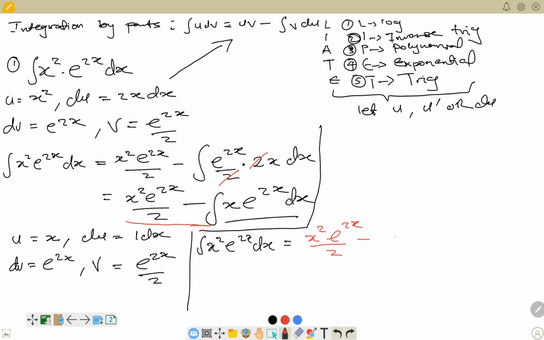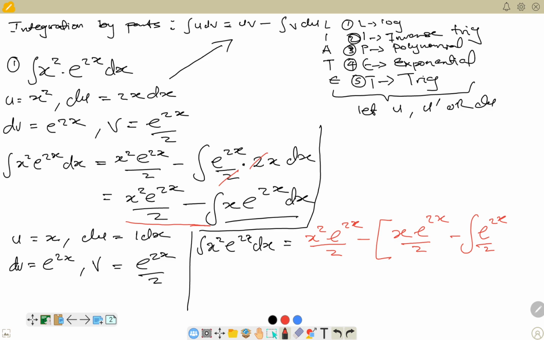So now what we need to do is to substitute. We still have uv. Now our u is x, and v is e to the power 2x over 2. Then inside the integral, we have v du. So v is e to the power 2x over 2.